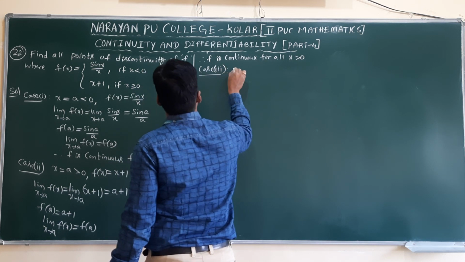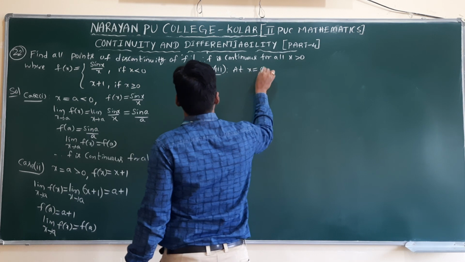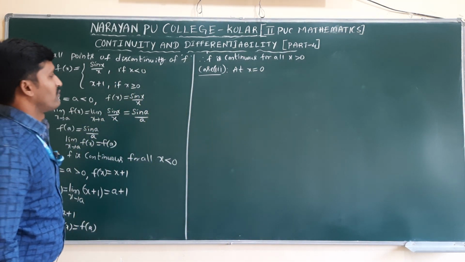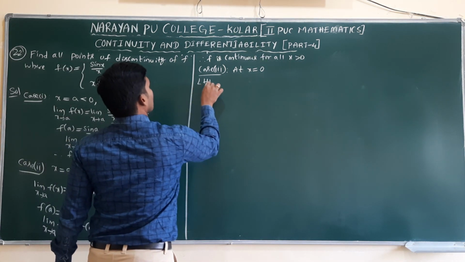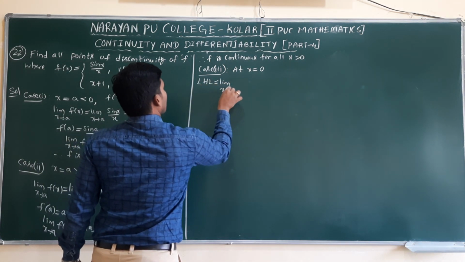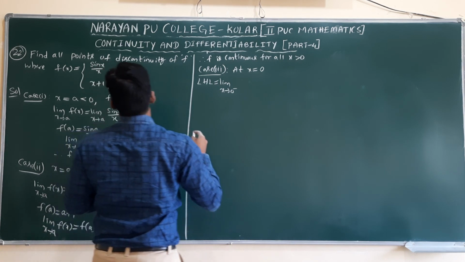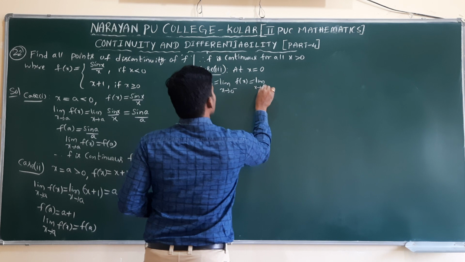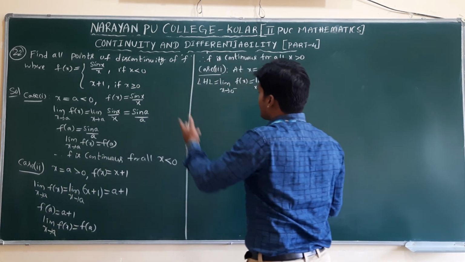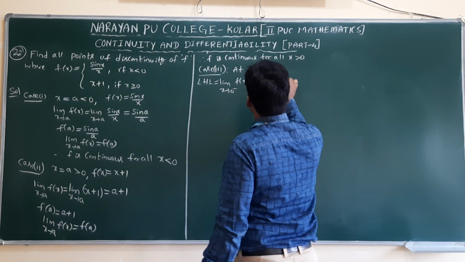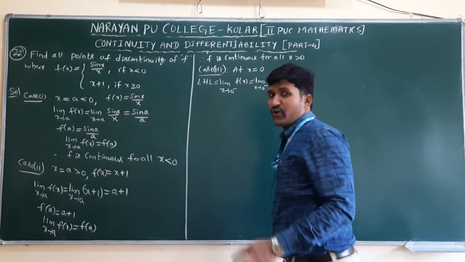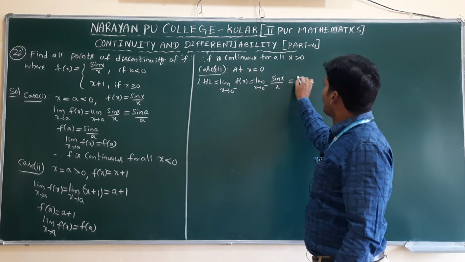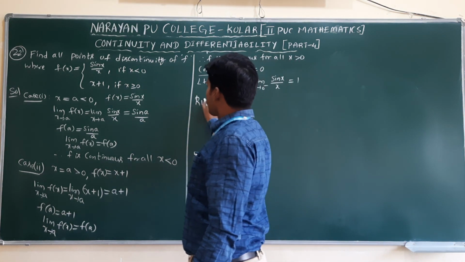Case 3. At exactly 0. At x equal to 0, we need to check the LHL, RHL and f of 0. So first, the left hand limit. Limit x tends to 0 minus f of x. 0 minus means x less than 0. At less than 0, what is the function defined? Sin x by x. We have the formula in the first piece of limits. Limit x tends to 0, sin x by x, the value is 1. Next, RHL.